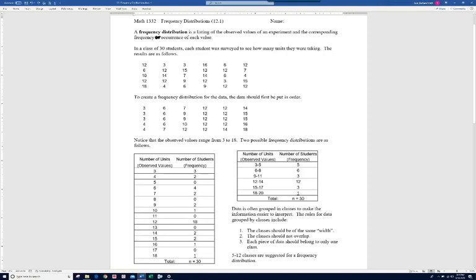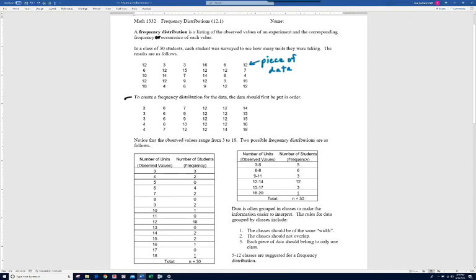So basically the frequency is just how many times each piece of data occurs. In this problem, for example, the 12 would be what we call a piece of data. It's one of my values. And notice down here it says to create a frequency distribution, the data should first be put in order.